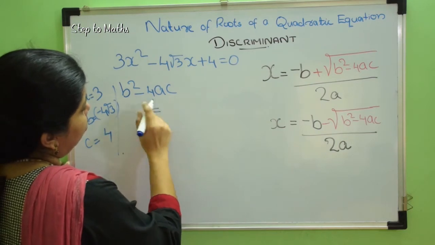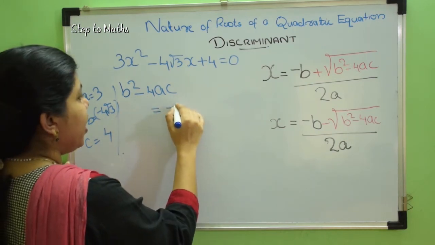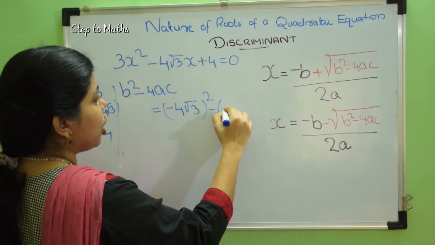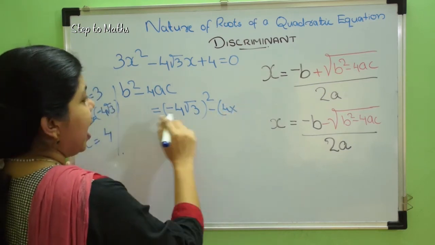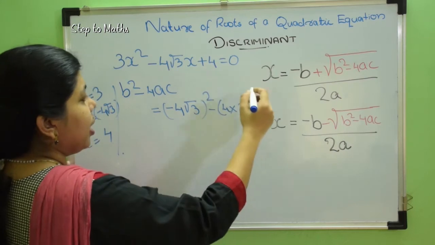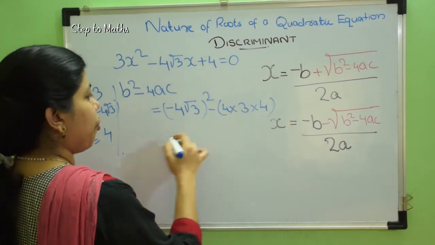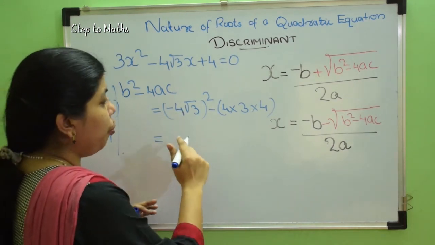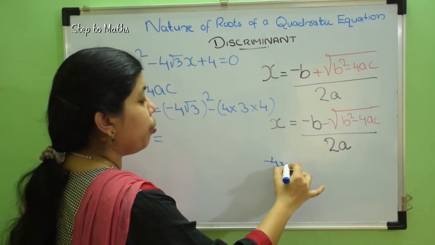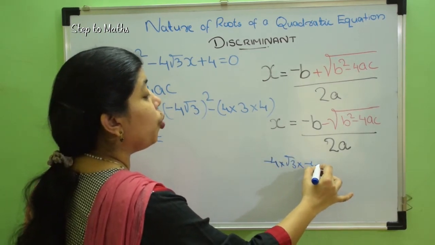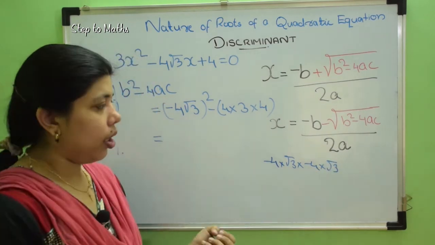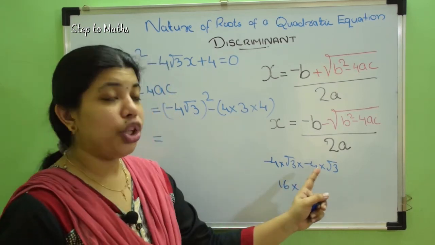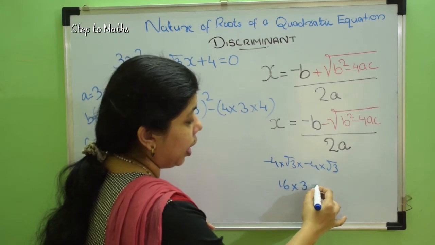Then b² - 4ac is (-4√3)² - 4 into a, 3, into c, 4. (-4√3)² means -4 into √3 into -4 into √3. Minus 4 into minus 4 is 16, into √3 into √3, 3.